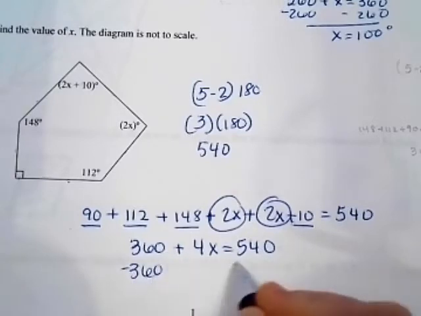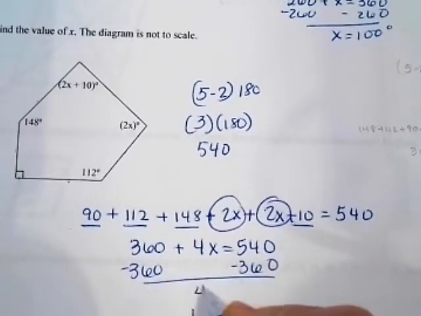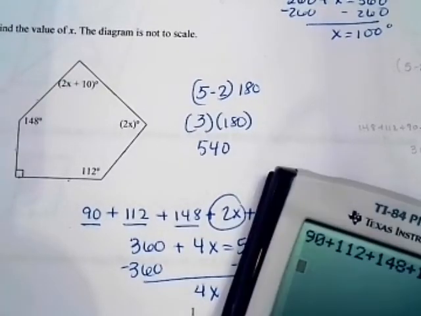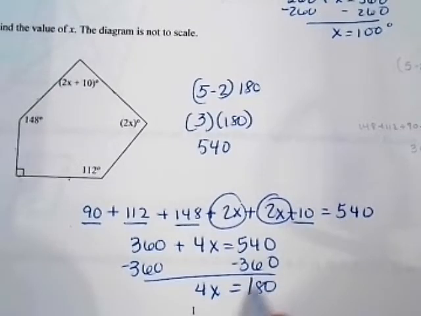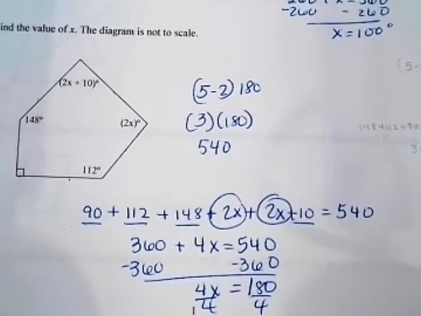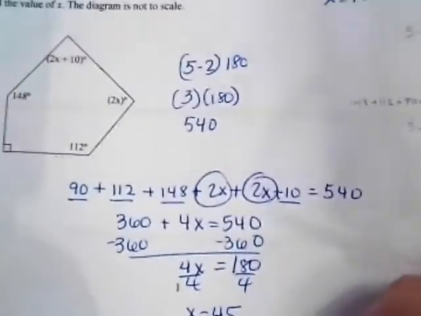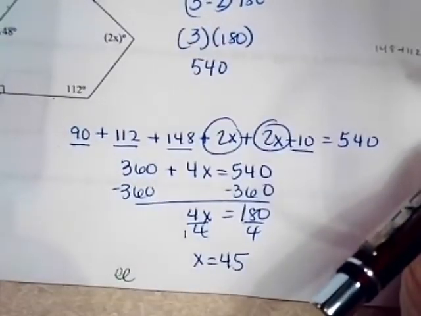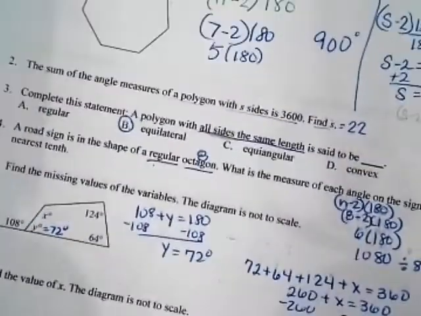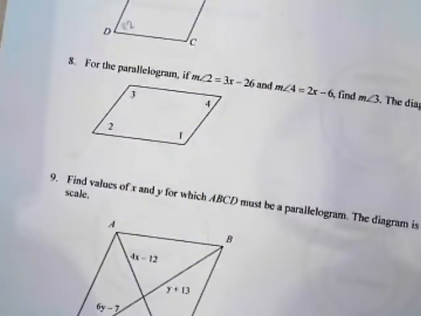Subtract 360 from both sides. 4x equals 180. Divide by 4. And x is 45 degrees. Let's make sure you see that one. When you divide, let me move it so y'all can see, x is 45 on number 6. And that's what they asked you to find was x.